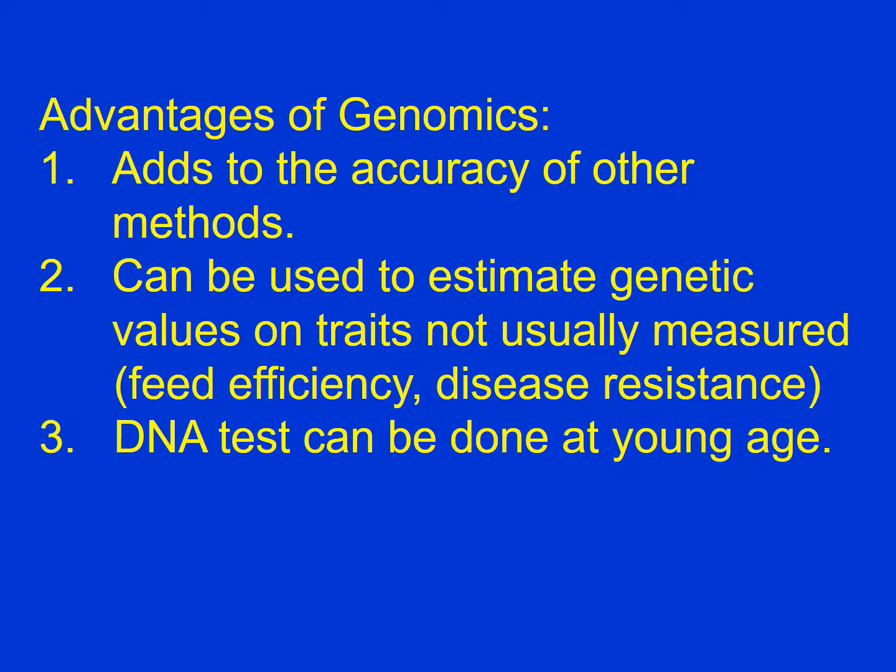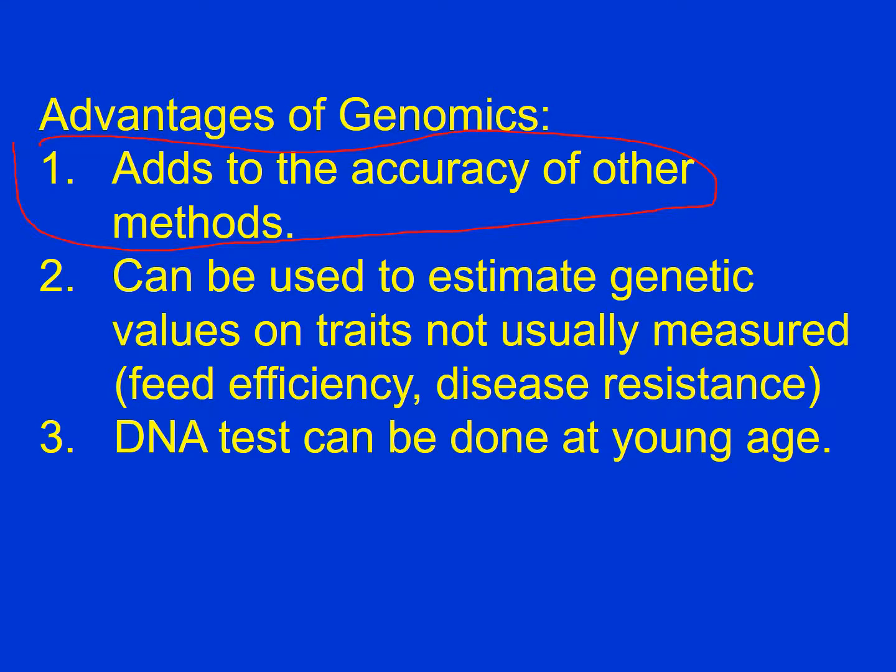So, advantages of this whole genomics thing, and obviously there are some advantages. We've been able to make faster genetic progress in a lot of our species. It adds to the accuracy of the other methods.